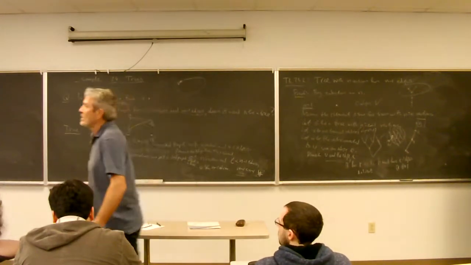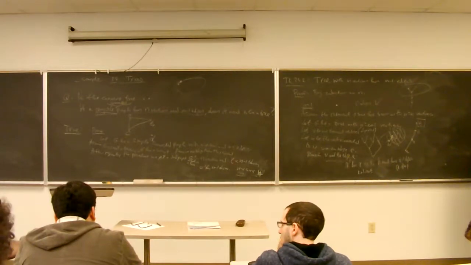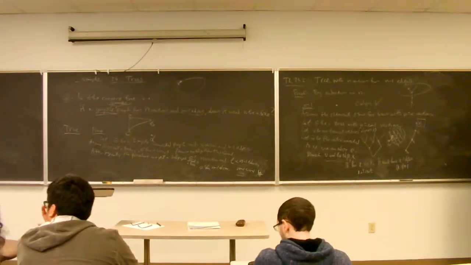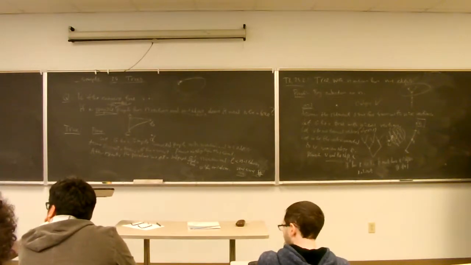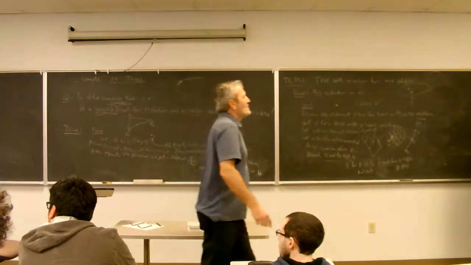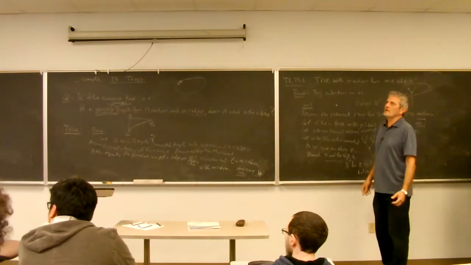So for example, all these elements here have height 2. Why? Because path from V0 to V4 has length 2. 2 edges are in that path. And all elements that have height 2 are placed on level 2. And then again, each of them might have children, and those children are then on level 3.